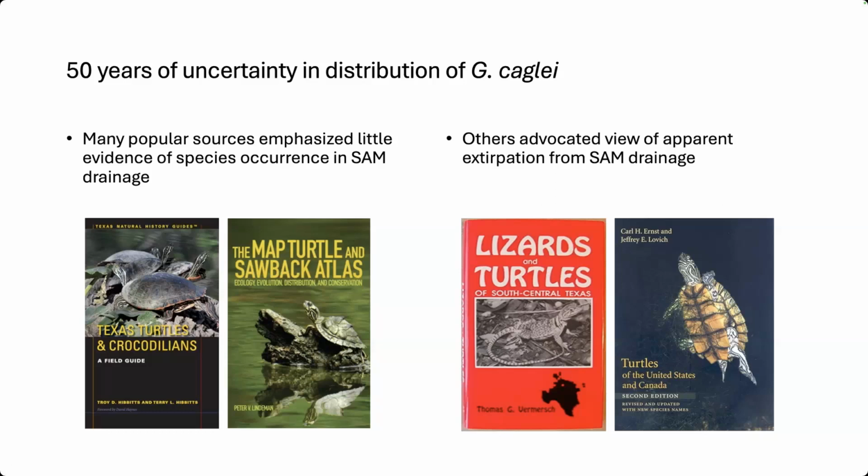And in some instances, the supposed extinction of caglei from the San Antonio River was even speculated to have to do with pollution of the San Antonio River. So it's interesting. The speculation got out of control, which I think happens when you have very little actual information to work with.